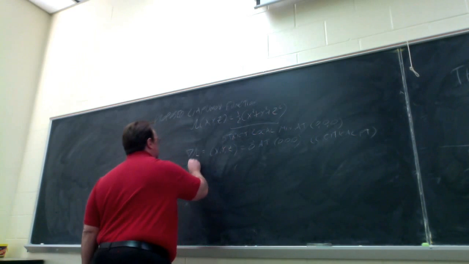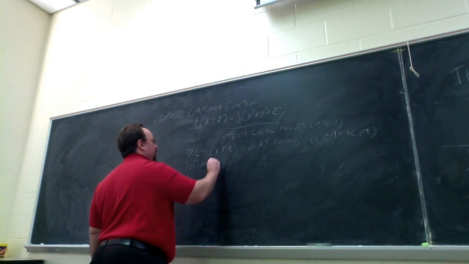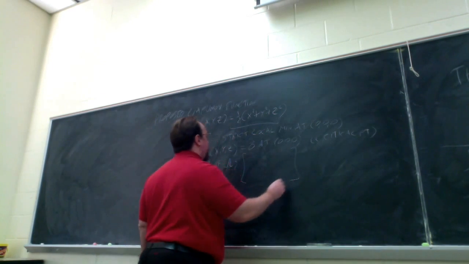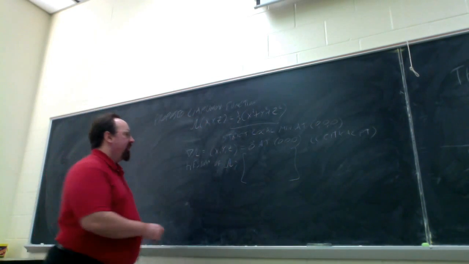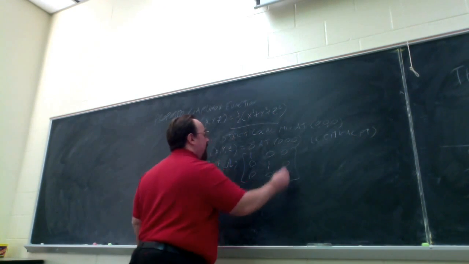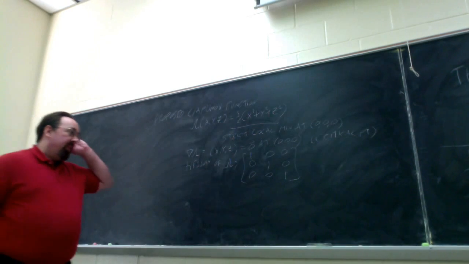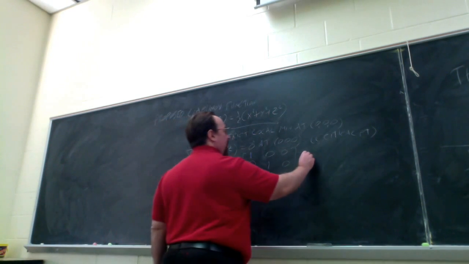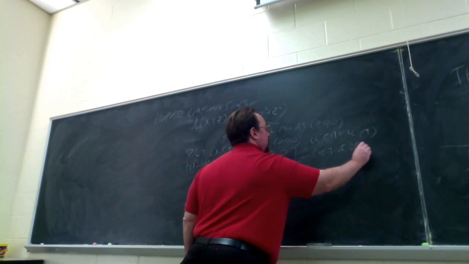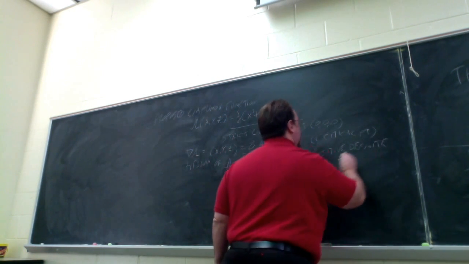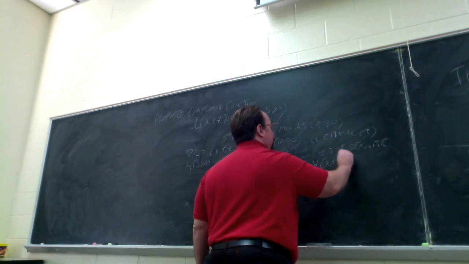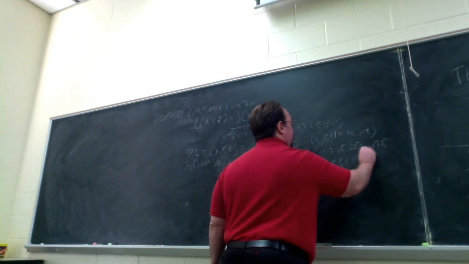And then the Hessian of lambda is the matrix of second partial derivatives. Well, if the gradient is (x, y, z), the Hessian is just going to be the identity matrix. The identity matrix is positive definite throughout R3.